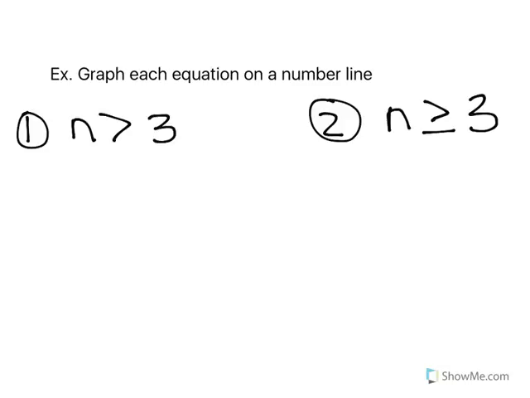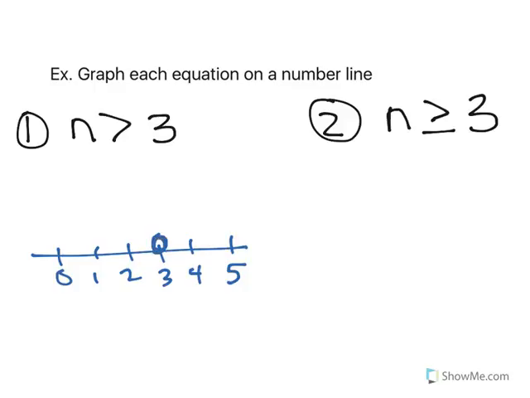Next, this is the final example. It says, graph each inequality on a number line. First, n is greater than 3, which means any number greater than 3. I'm going to draw a number line, maybe starting with 0, 1, 2, 3, 4, and 5. I'm going to put an open circle at the 3.